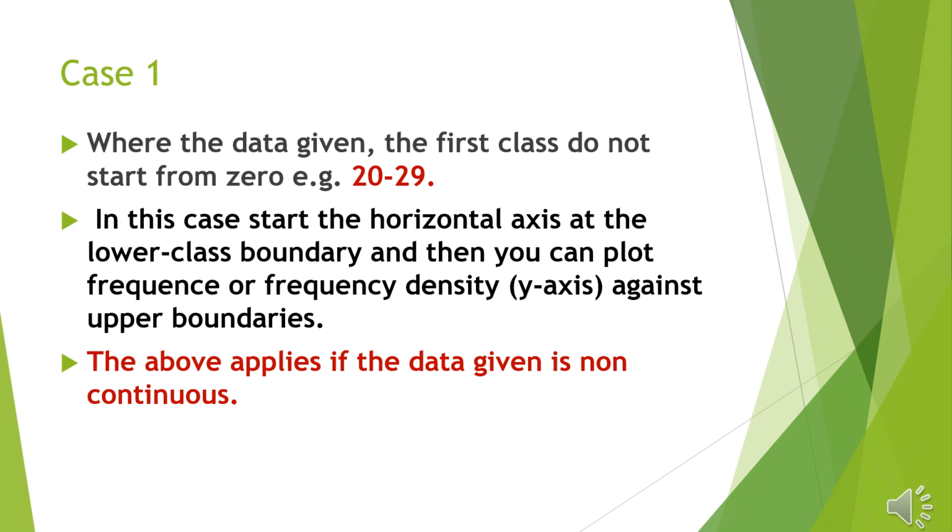E.g., you have 20 to 29. In this case, start the horizontal axis at the lower class boundary, and then you can plot frequency or frequency density, that is on the y-axis, against upper boundaries. The above applies if the data is non-continuous.